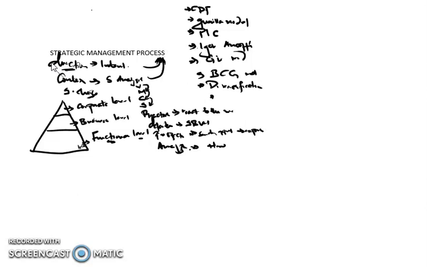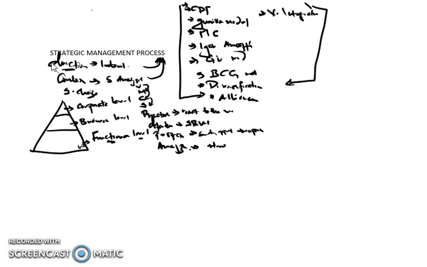you have alliances over here, you have vertical integration. Let me see if I'm missing one. I think those are it. So this over here should cover the corporate level strategies and the models that would apply under each.